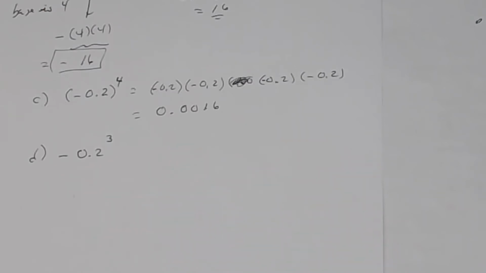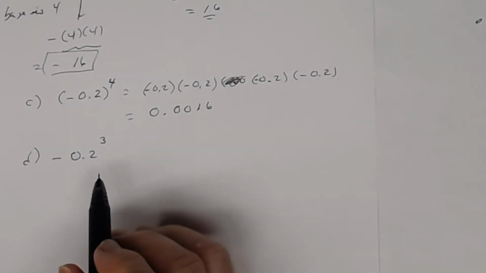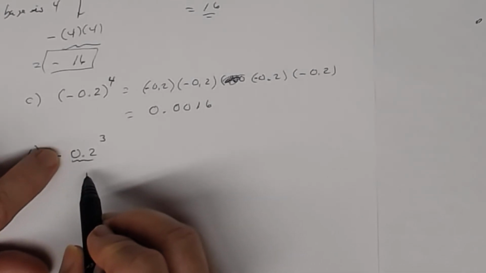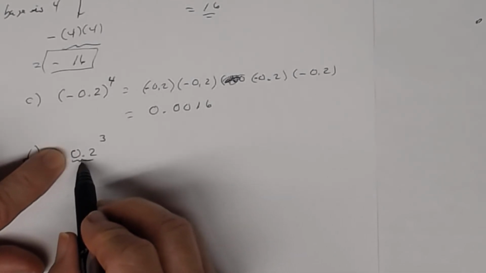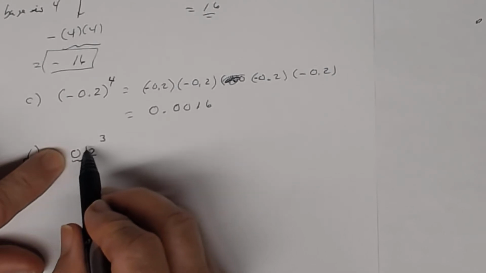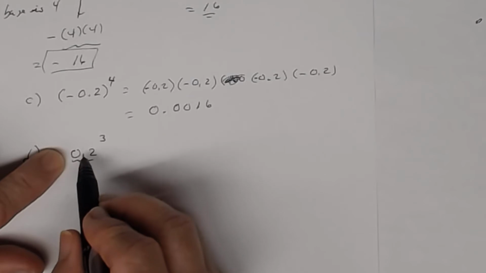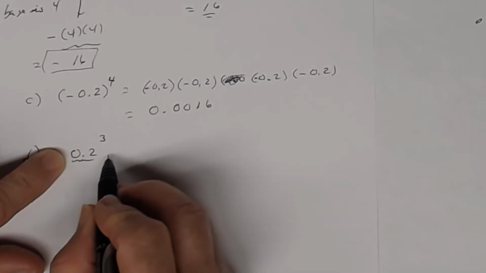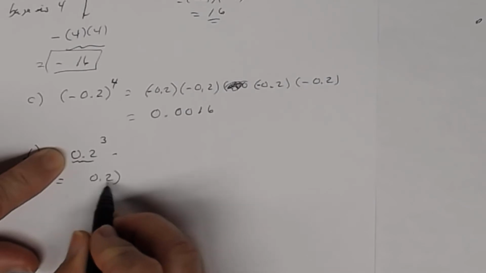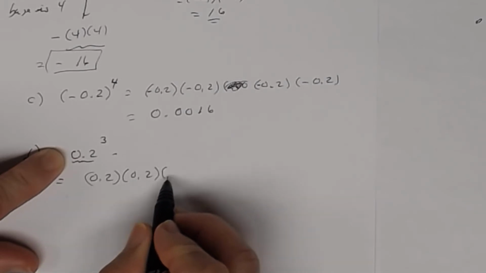Well, remember there's no parentheses, right? So what that means right here, if you cover the negative up, is that the only number that's being raised to the third power is 0.2. So 0.2 is your base. So let me write it this way. This becomes 0.2 times itself 3 times, right?